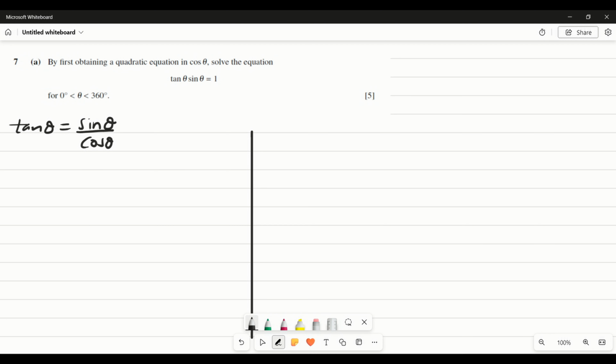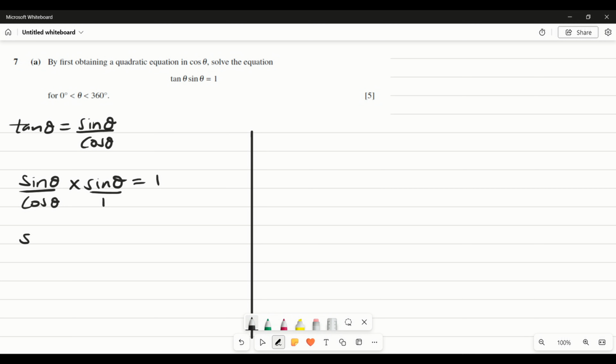So we can substitute: sin theta over cos theta times sin theta equals 1. We can multiply this using the basic fraction operation concepts.